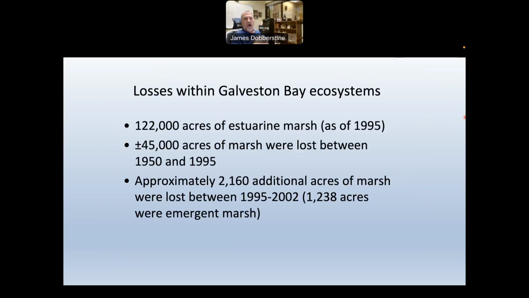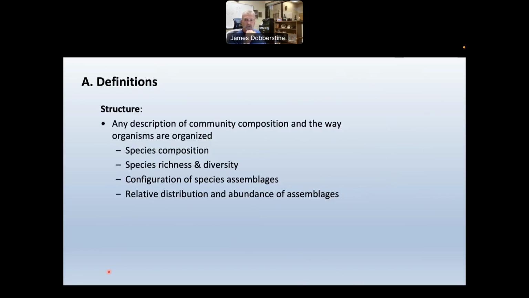There have been efforts to restore some of these wetlands, to protect some of these wetlands, and that's what I want to get into and talk about today.